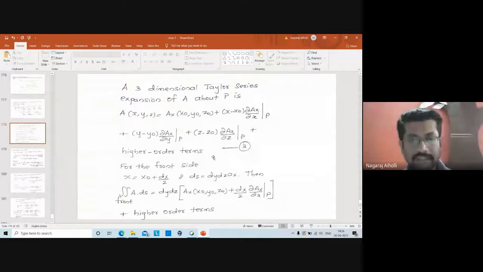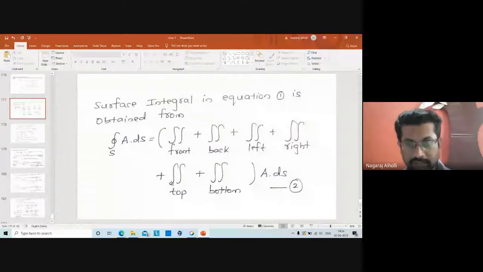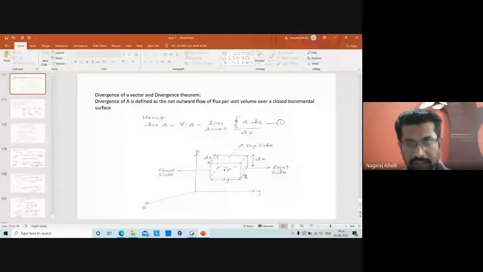For the front side, x is given by x naught plus dx by 2. For the front surface, what is our x? It is x naught, that is from the origin to the corner of the box, plus this distance, dx by 2. From one corner to the other corner of the box is dx. We are assuming point P is exactly in the middle, at the center of the box.